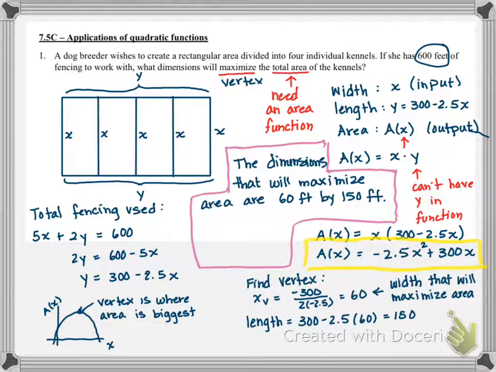And so that's why I chose something to represent my width and then figured out how to represent my length in terms of that. Because if I want to write an area function, I need something for length and something for width. So always start with what you're trying to maximize or minimize, and that's going to tell you what function to write, and then how you write that function determines what other pieces of information you need.